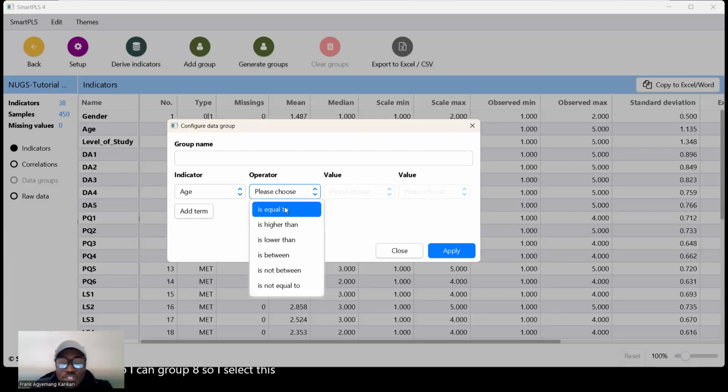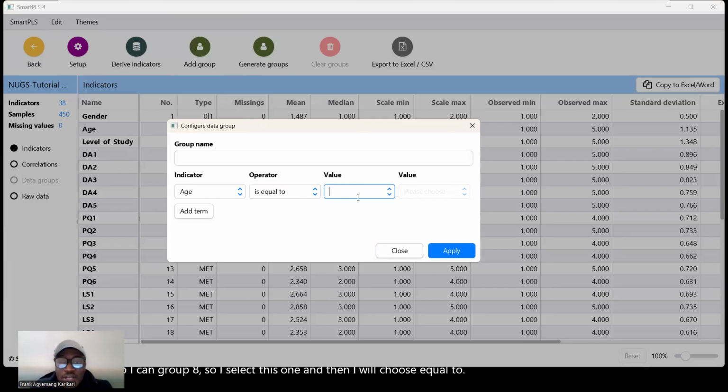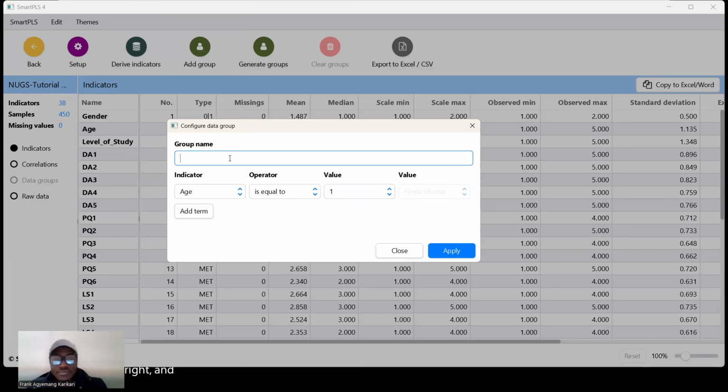And then I'll choose equal to, and then I'll choose a value. So I can say 1. And then I will name this group. Because my 1 is male. Let's assume that when you were coding your data during the cleaning stage, you assigned 1 for female; when you get here, you're supposed to also make it known.